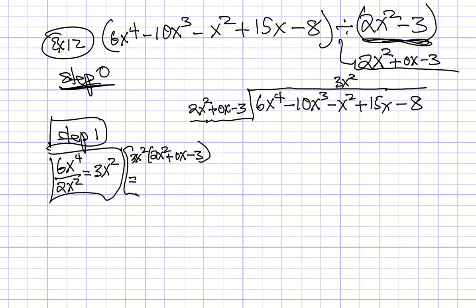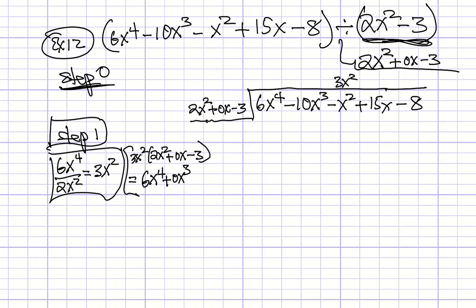What do you get there? You get 6x to the power 4, and then plus 0x cubed. If you multiply that with 3, it does nothing.